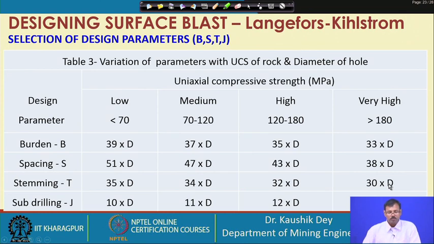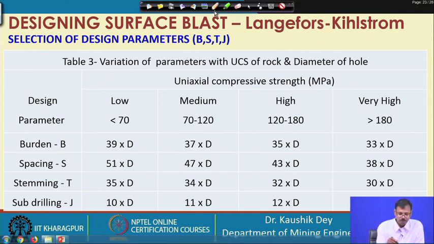So, for a small diameter hole, what should be the different blast design parameters? That will be, as he has already told, based on the diameter of the blast hole.